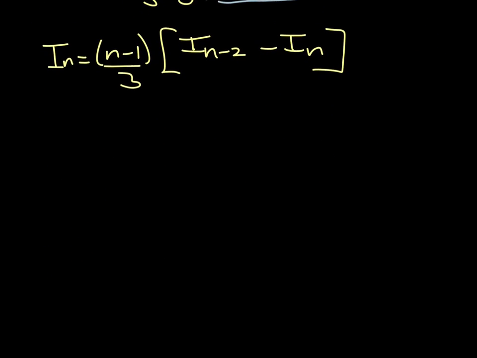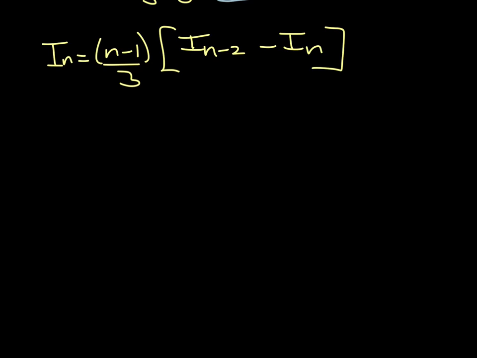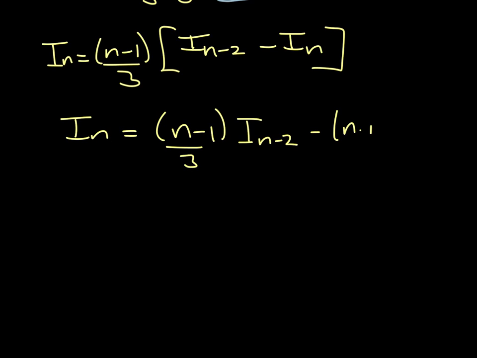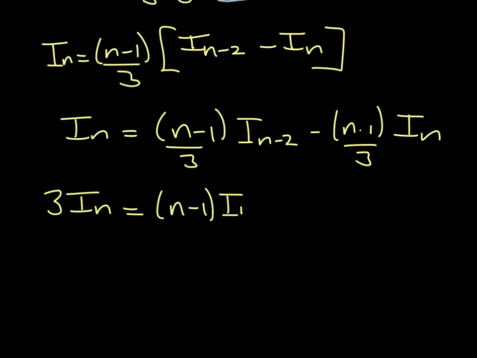We now have an equation in terms of In we need to solve. So In equals (n minus 1) over 3 I n minus 2 minus (n minus 1) over 3 In. I'm going to multiply everything by 3. Gather together like terms.